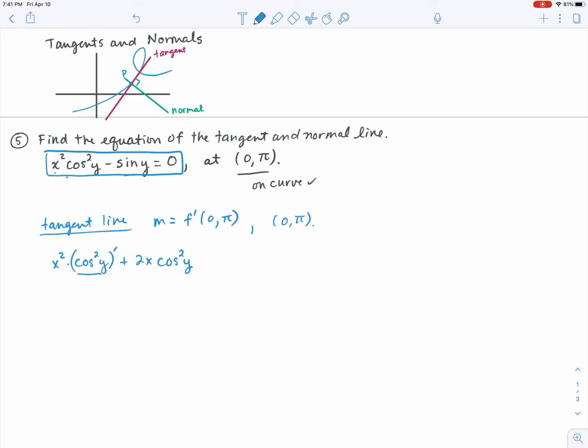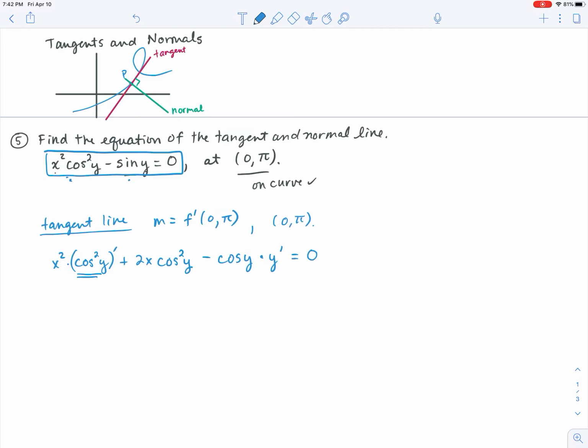I'm saving this one to do on the side. And then I almost forgot my second term: the derivative of sine of y is cosine of y times y prime. And the derivative of 0 is still 0.